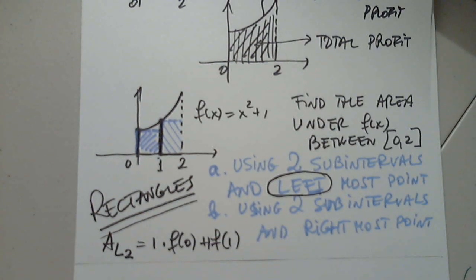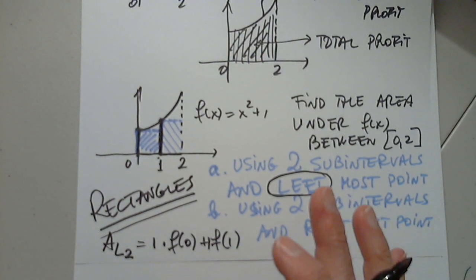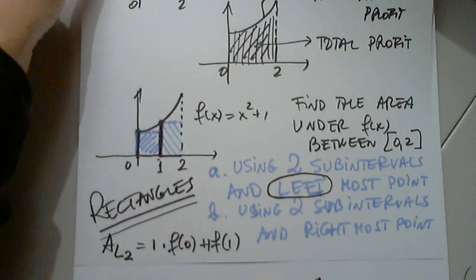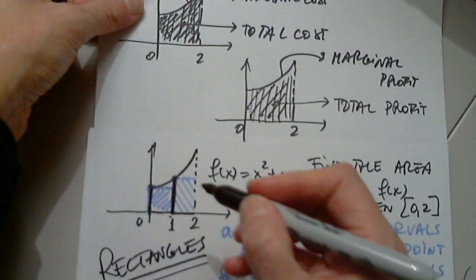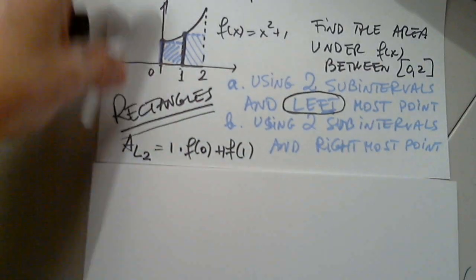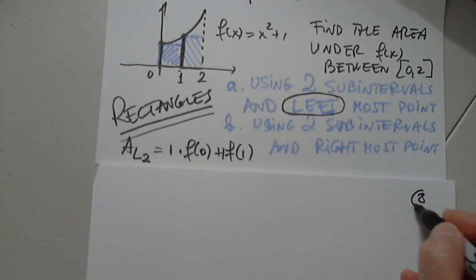And I'll calculate in a minute. Before I do that, I want to ask you a quick question. This area, will it be an underestimate or an overestimate of the exact area? Under, of course, because I'm missing these pieces. Of course it will be an underestimate. Okay, so let's see what it is.